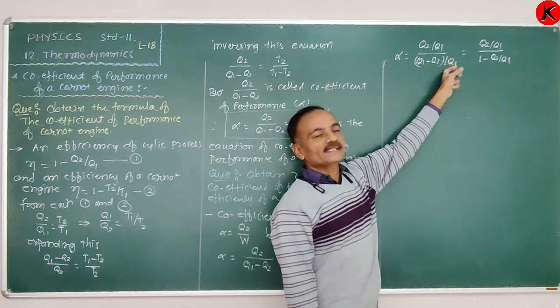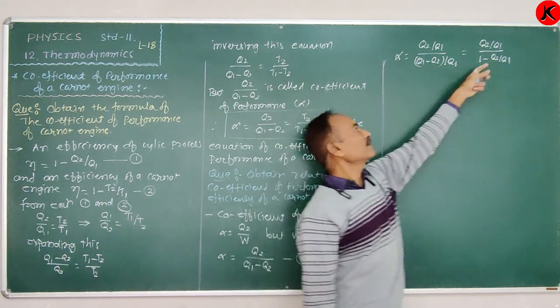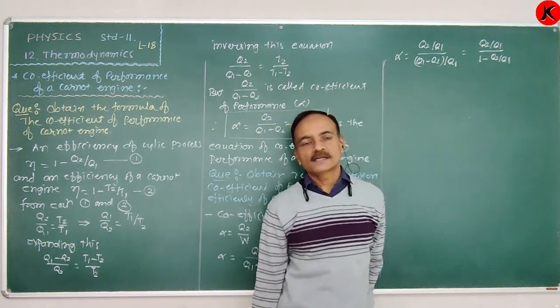Here the numerator and denominator are divided by Q1. We take the Q1 separately to each term. Therefore, Q1 upon Q1 is 1, minus Q2 upon Q1.